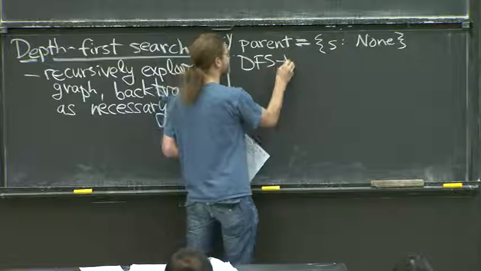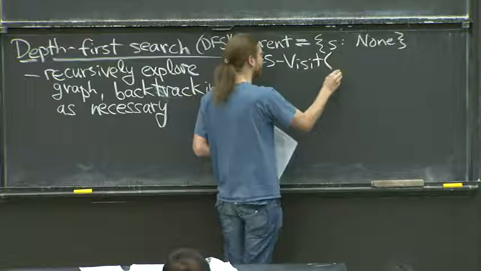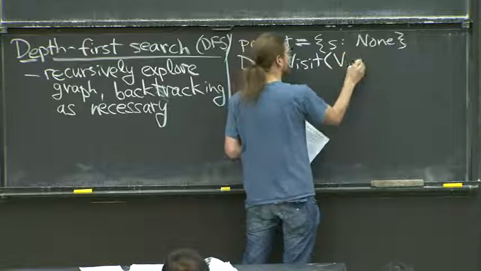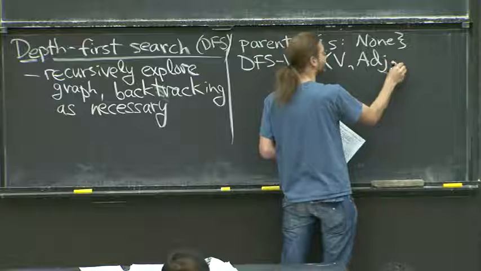I'm going to write some code for depth first search. It is super simple code. Probably the simplest graph algorithm.